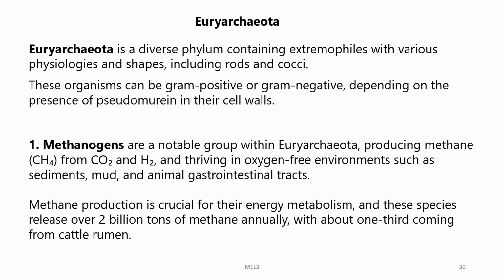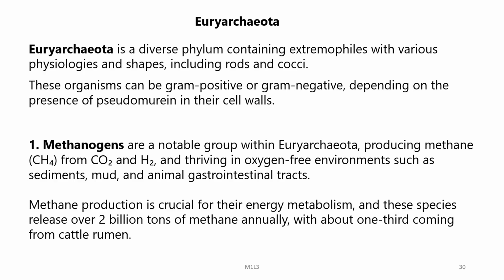Let us discuss Euryarchaeota first. Euryarchaeota is a diverse phylum containing extremophiles with various physiologies and shapes, including rods and cocci. These organisms can be gram positive or gram negative depending on the presence of pseudomurein in their cell walls. The first group is the methanogens.